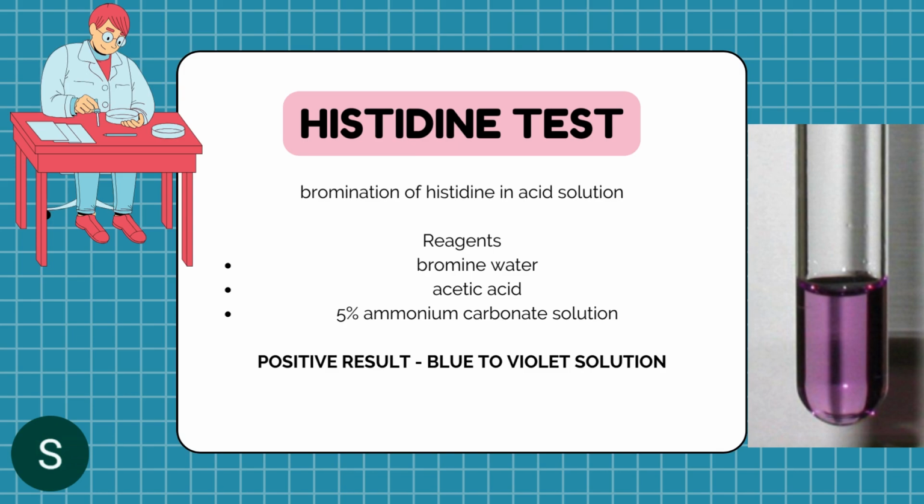Your 5% ammonium carbonate solution increases your pH or neutralizes your solution. Okay? So, pag nangyari to, ayan, lilitaw yung blue to violet solution mo. Okay? So, additionally, heating of the alkaline solution would hasten the process and give you a blue or violet color solution.